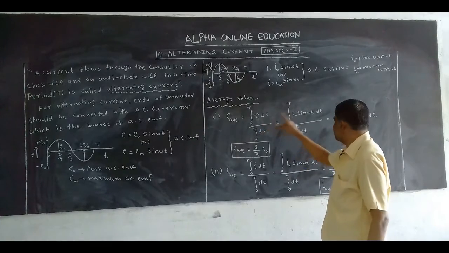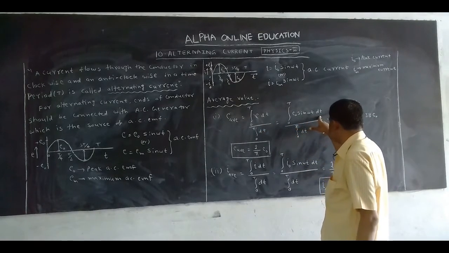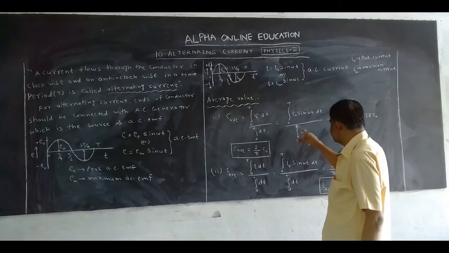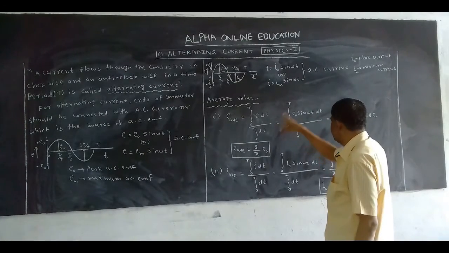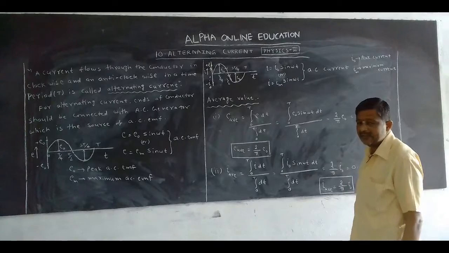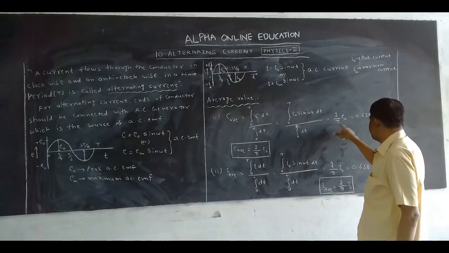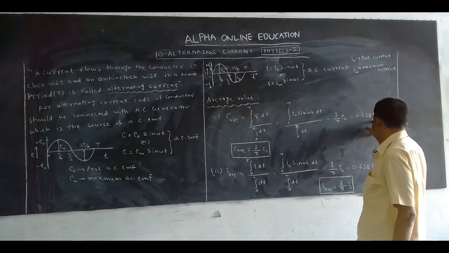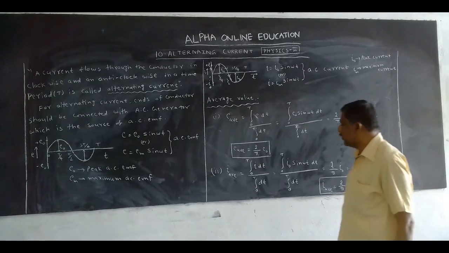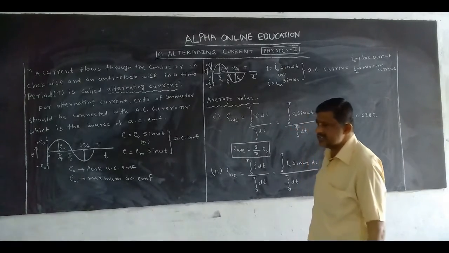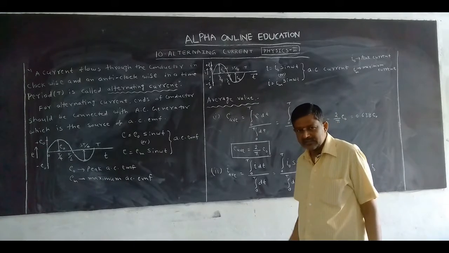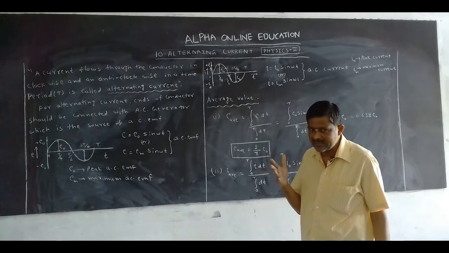What is E? E naught sin omega t dt. Integral 0 to T divided by integral 0 to T of dt. If we simplify, we get the answer 2 by pi E naught. The 2 by pi value is equal to 0.638 E naught.